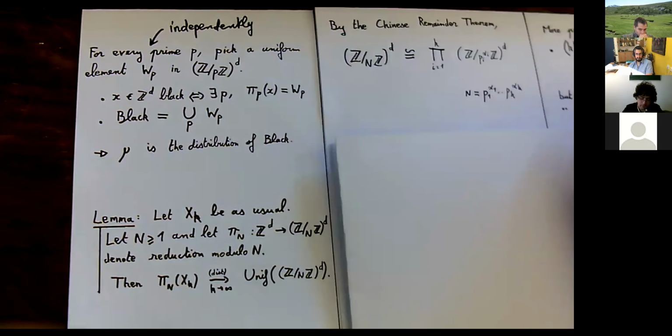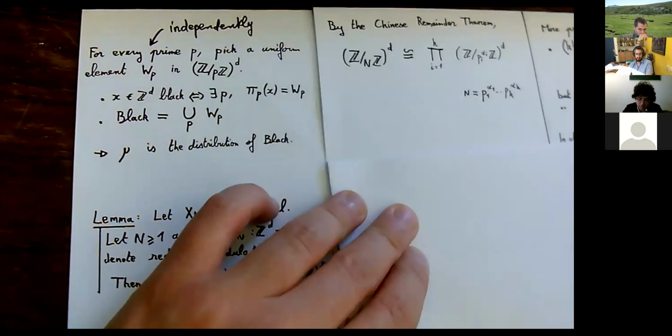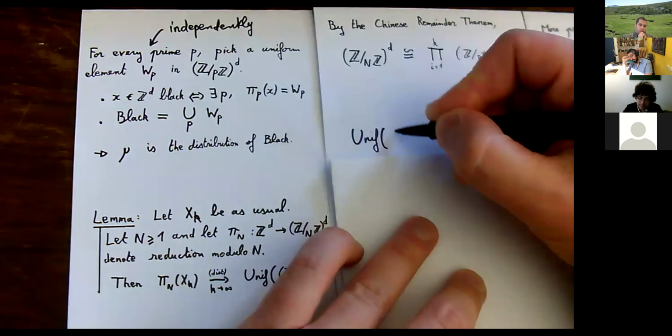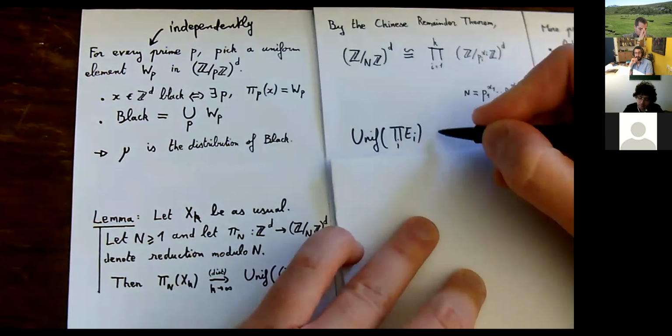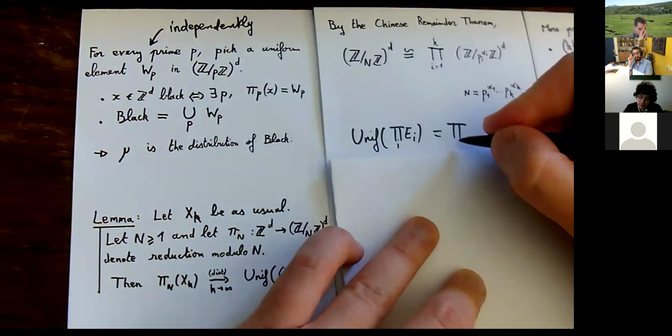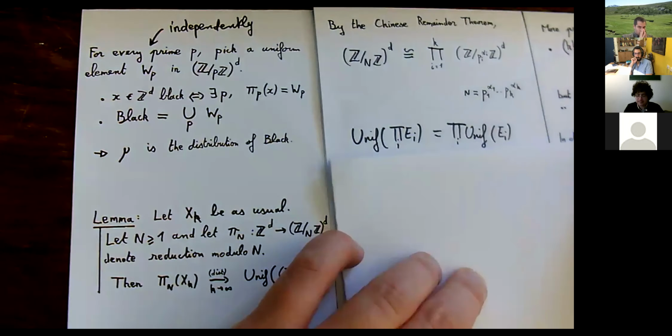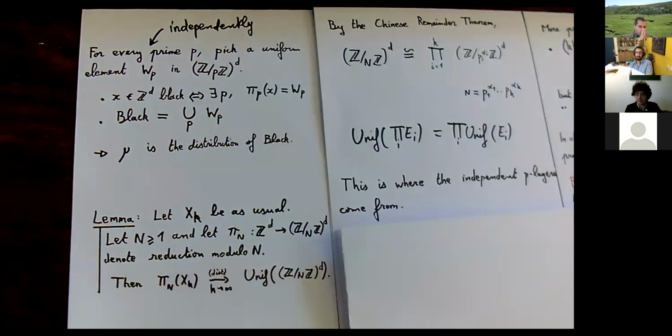Now, a last important observation is that the uniform probability measure on a product of finite spaces is the product of uniform probability measures. And this is where the independent uniform p-layers come from. Here we have the p's. Uniformity comes from what I've just said, and independence from what is written just above as well.